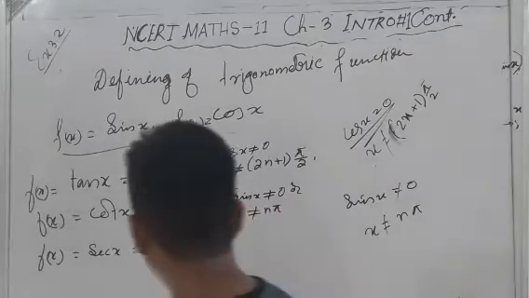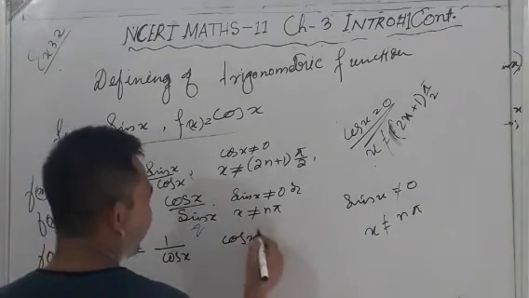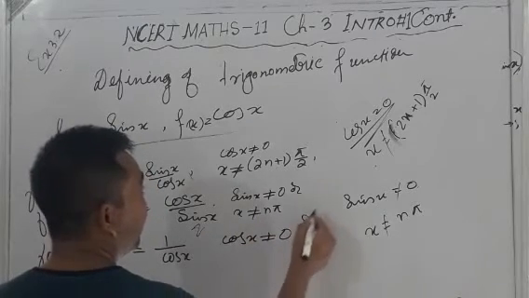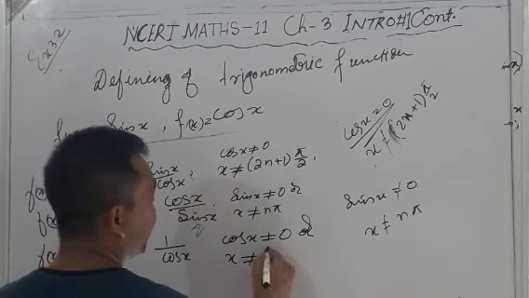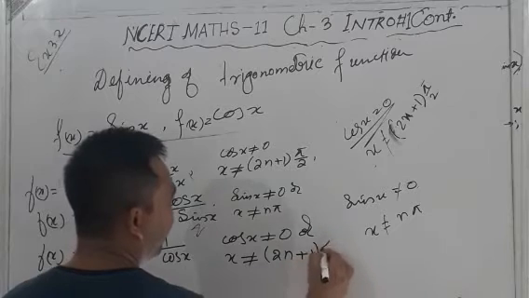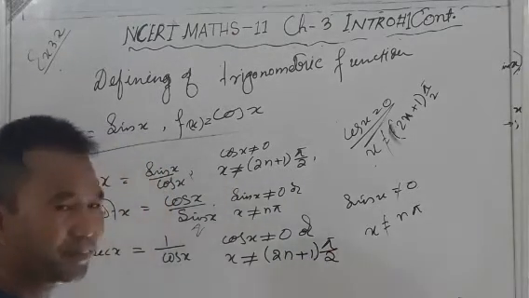Okay, so here what can we write? Cos x should not be equal to 0, or x should not be equal to 2n plus 1 times of pi by 2. That means it should not be an integral multiple of this. Correct?